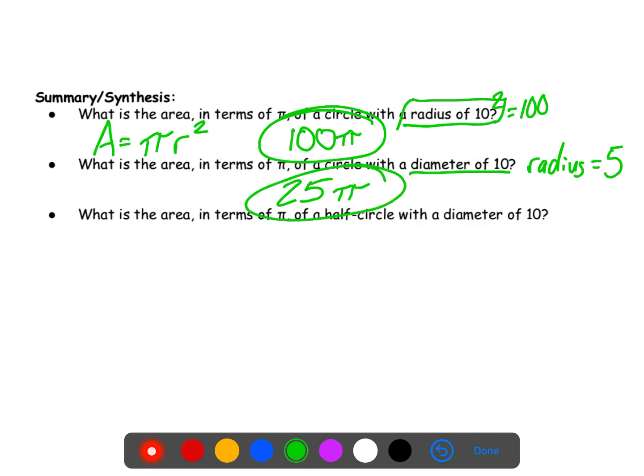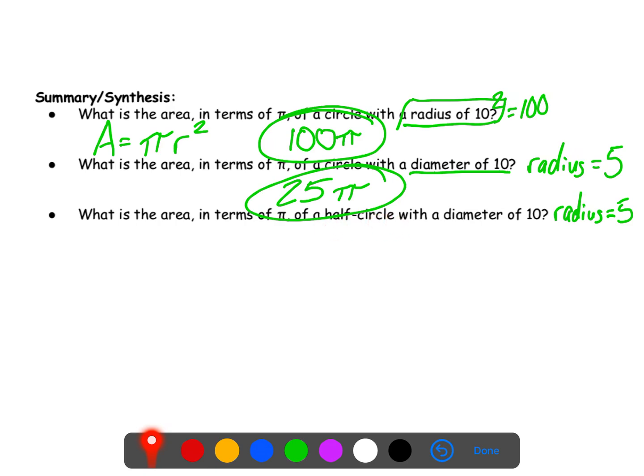25 times pi. And lastly, we're finding the area of another circle in terms of pi. Oh, actually, it's a half circle with a diameter of 10. So the radius is still going to be 5. Now we're talking about the same circle here because we have the same radius. The difference is we're only going to find half of it.